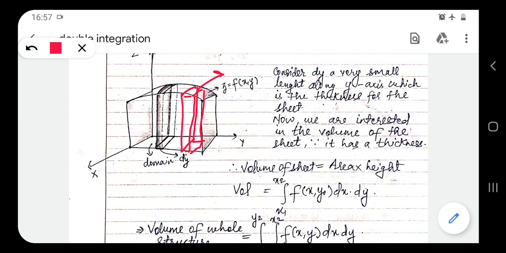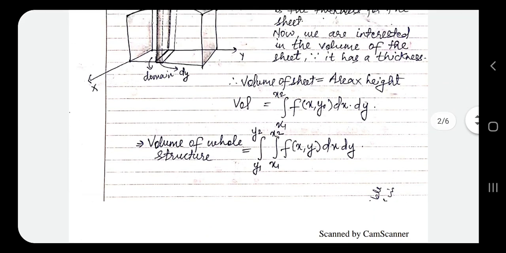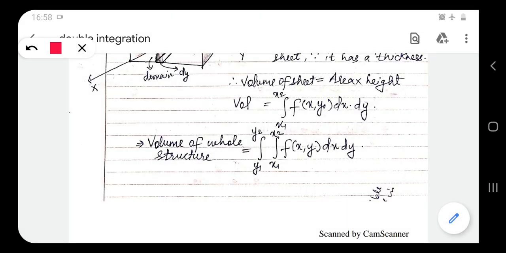So what is the volume of this? We know the volume of one slab. We have to add all the volumes of the slabs to obtain the volume under the surface and above the xy plane. So the volume of the whole structure is given by integrating this.